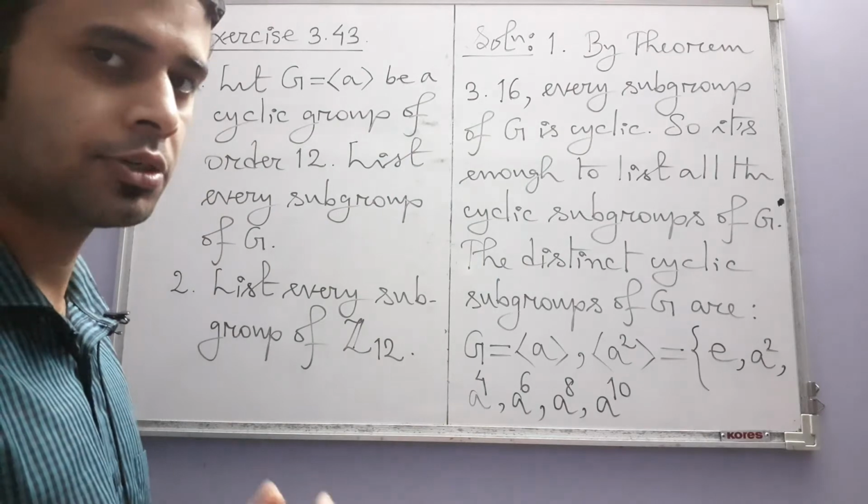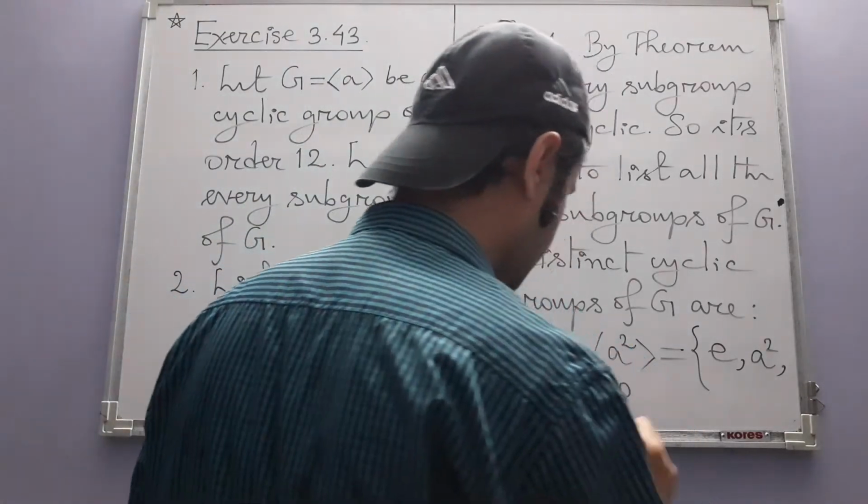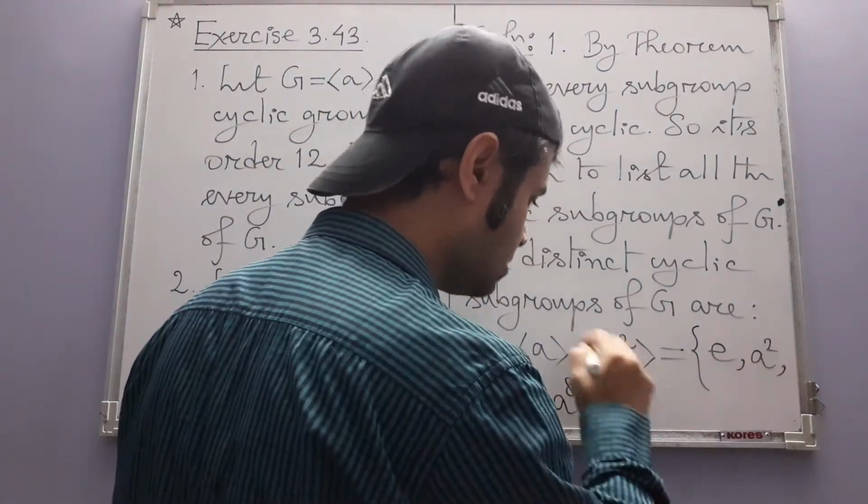So A to the power 12 should be equal to E. So that's why these are all the elements in this cyclic subgroup.